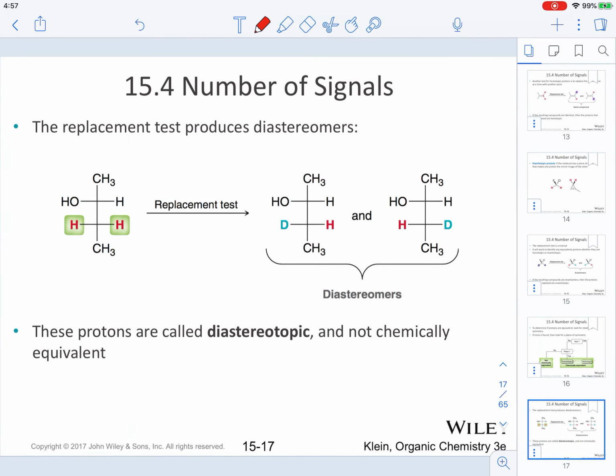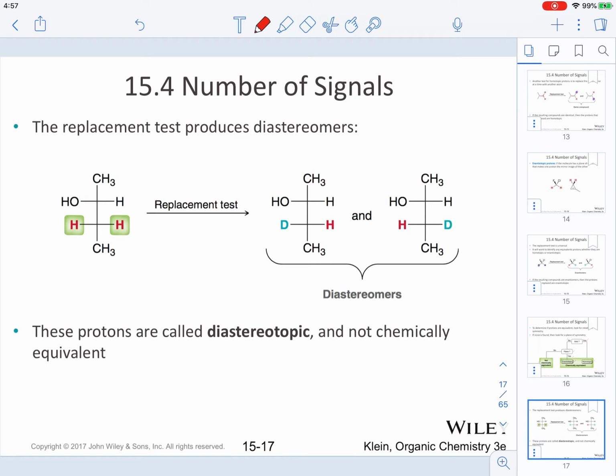So let's now look into specific molecules that do not have a rotational axis and do not have a plane of symmetry. Okay, so this is going to constitute the formation of diastereomers. So going back to our useful technique of the replacement test, here we have a molecule in which we are comparing two protons.